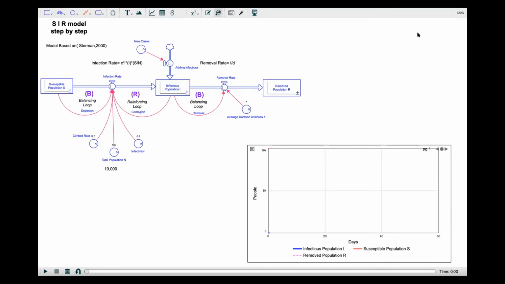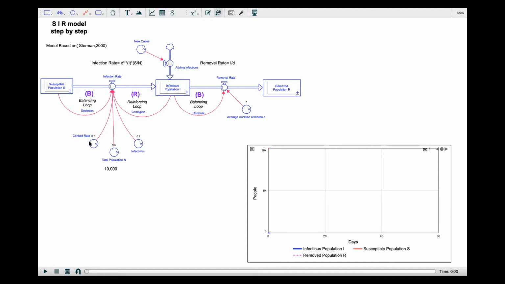Walk us through that. Okay, so when I displayed the model at the beginning, I just showed it in the last picture. As we said, the flows are where things actually happen, and the stocks are where the results of what's happening take place. So what controls the infection rate, if you can see my screen, is basically the infectivity, which is how much the virus is able to infect, the total population, and the contact rate.